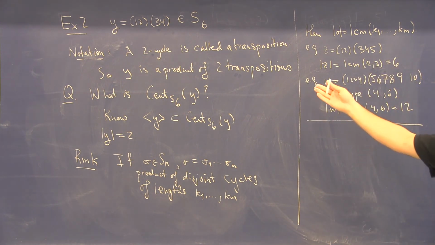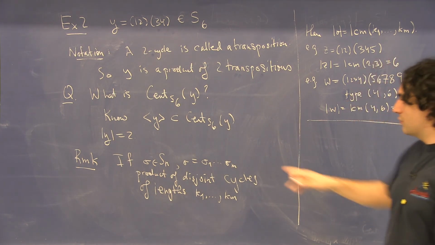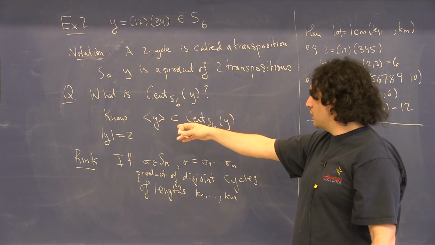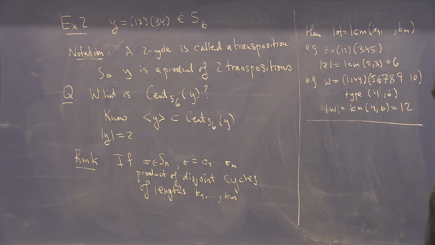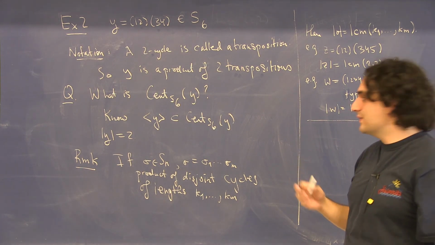Okay, let's get back to our original question, what is the centralizer of y? So y itself and the subgroup that it generates just gave us two elements. From the orbit stabilizer relation, we can quickly compute what the order of the centralizer is.